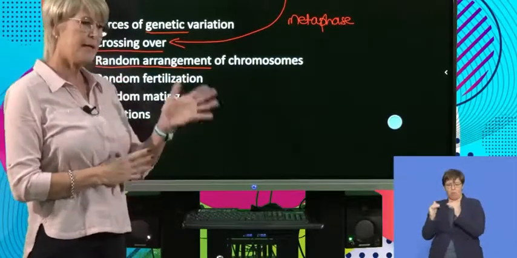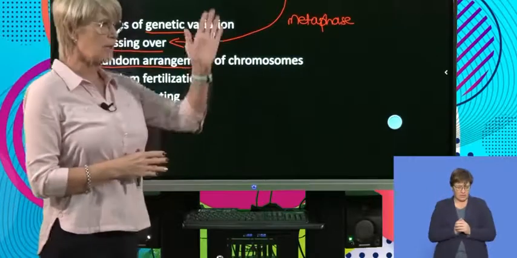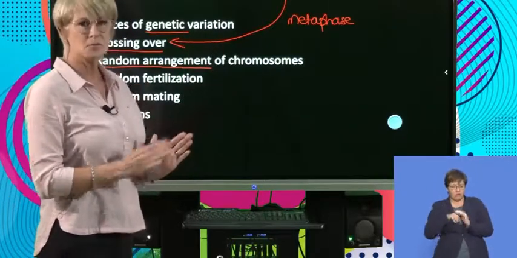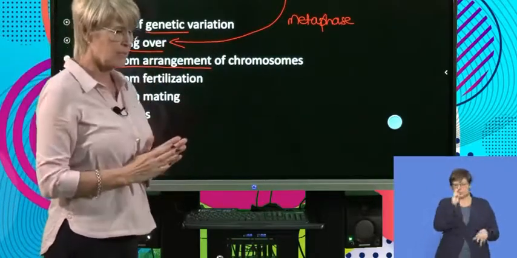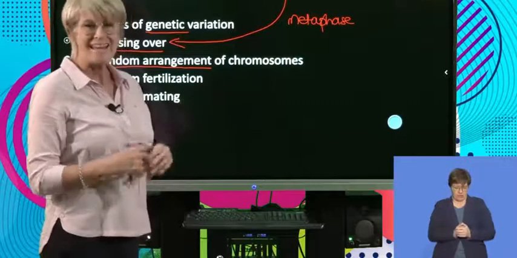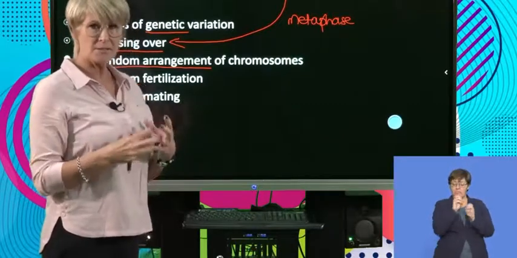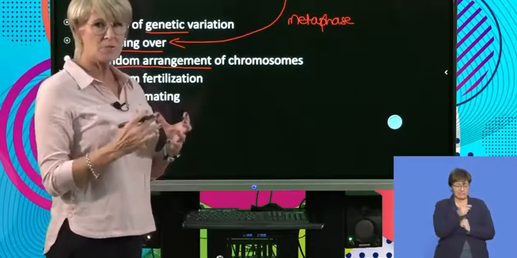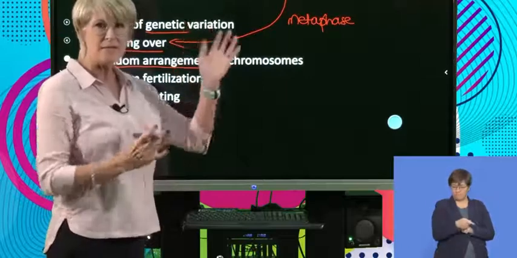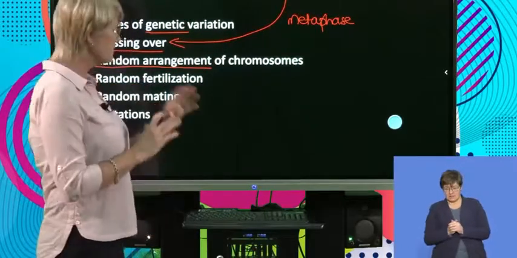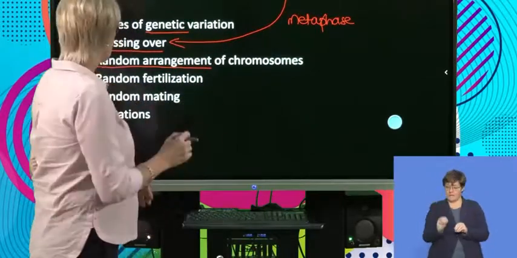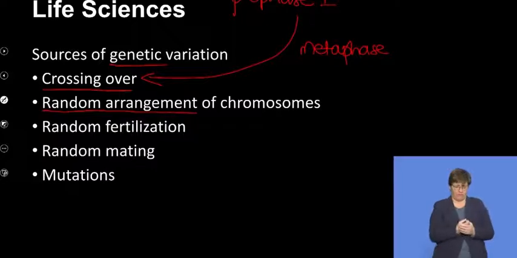We don't have to have all the maternal chromosomes on one side and the paternal on the other. It's just random, and every single time that meiosis takes place, those chromosomes randomly line up. So there's never the same sequence, and that also creates genetic variation.